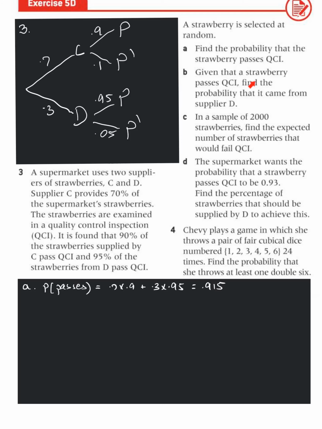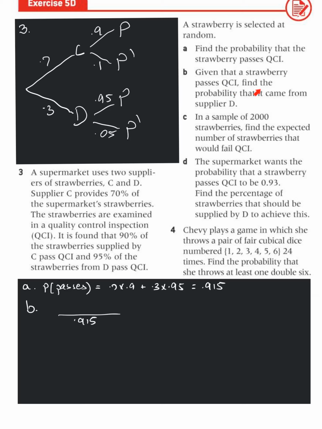Good. Next question. Given that a strawberry passes, find the probability that it came from supplier D. Conditional probability. So, the previous question has given us the denominator for this question, B. It says, given that a strawberry passes, well, that's what that is. So we know we've already calculated that. Remember, every time you see the word given, just write that straight on the bottom. So we're going to write that here, 0.915.